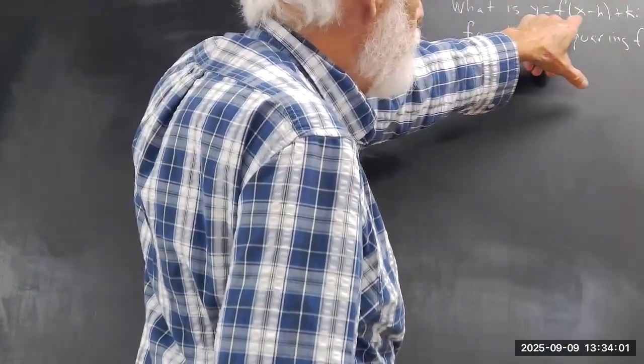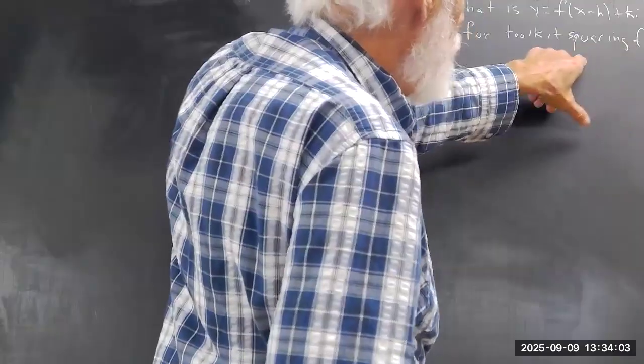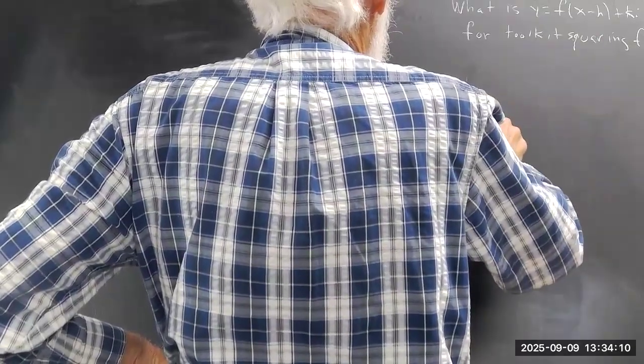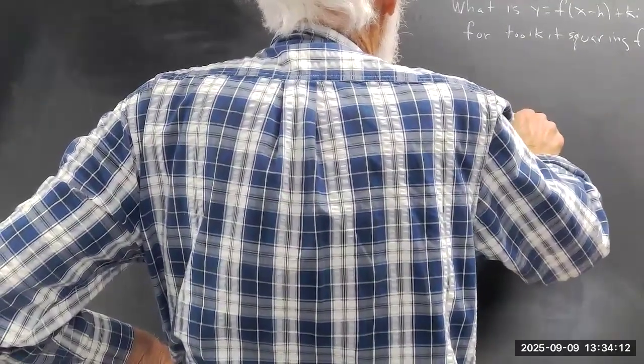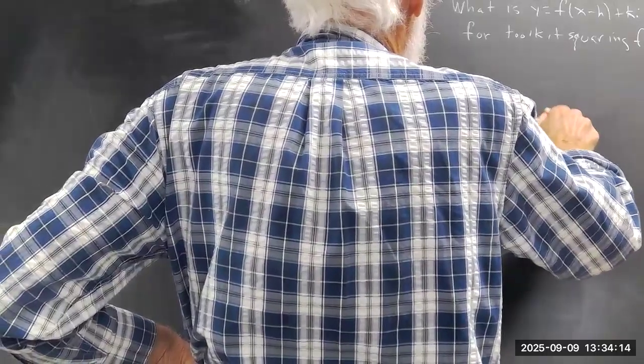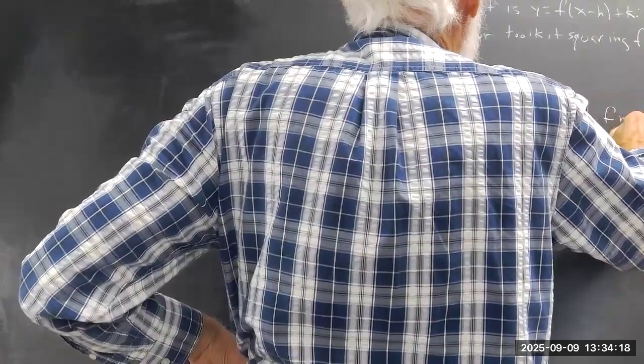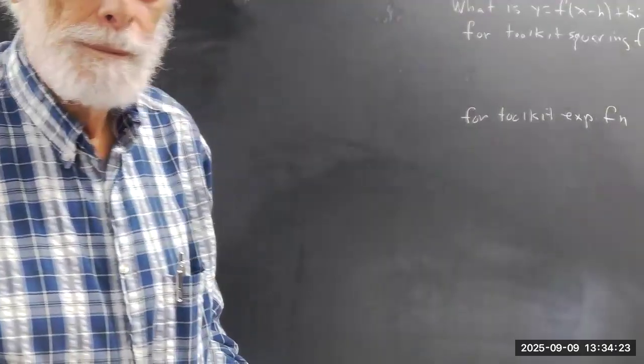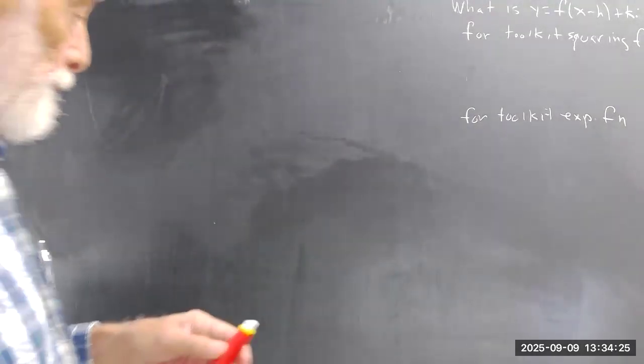What is y equals f of x minus h plus k for the toolkit squaring function? And what is it for the toolkit exponential function? Down on your paper, see how many of you can write it down correctly.